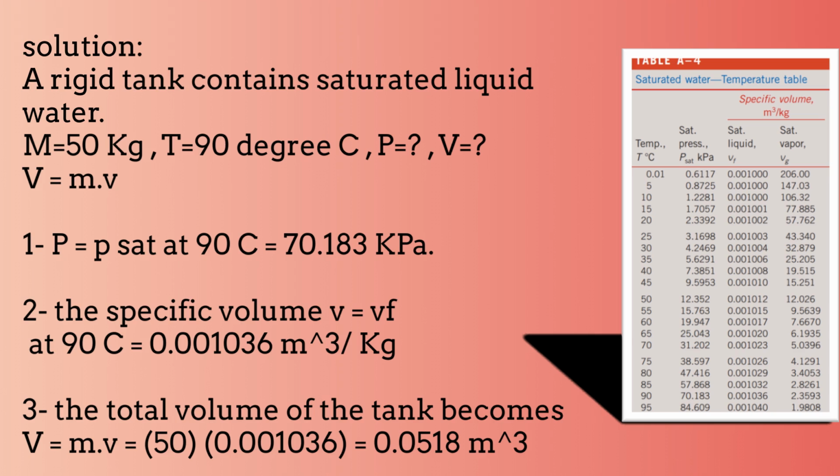The second thing is the volume. We can identify the specific volume from the table, and the specific volume is 0.001036 meter cube per kilogram. If we multiply this number by 50, the mass, we will get the total volume of the tank, 0.0518 meter cube.